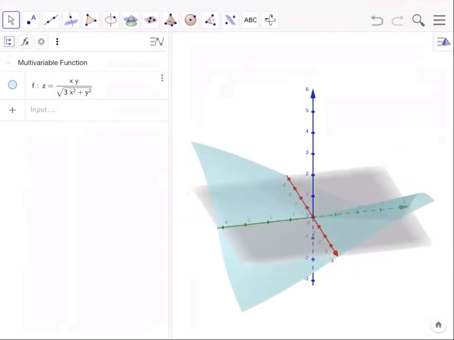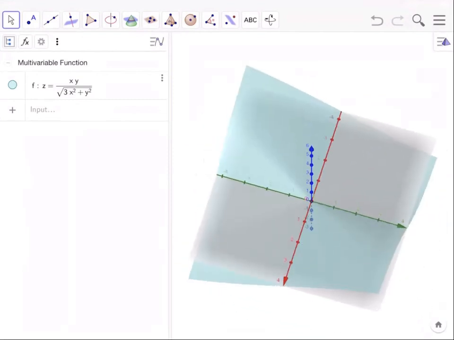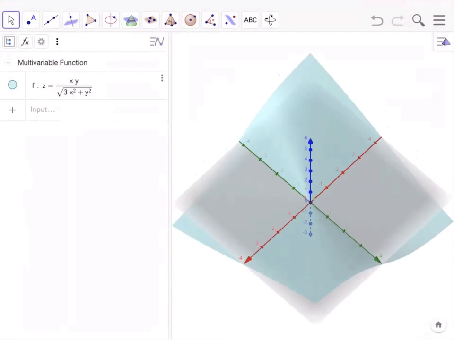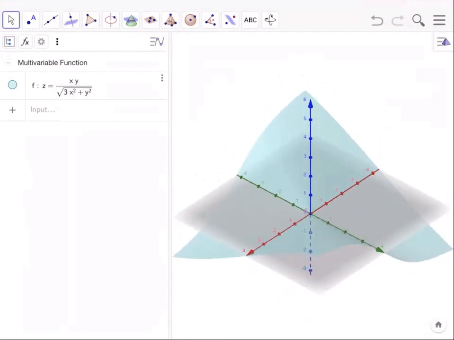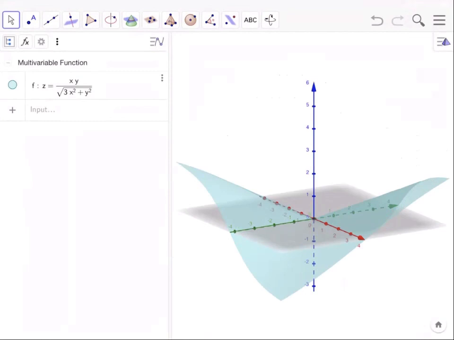Corners are bad for differentiability. And that's precisely the path that we are following there, where x and y are equal. That's precisely where it has that point that we detected with that limit. So if you look at this graph, the guess should be that this can't be differentiable at 0 because it has that pinch, that corner.